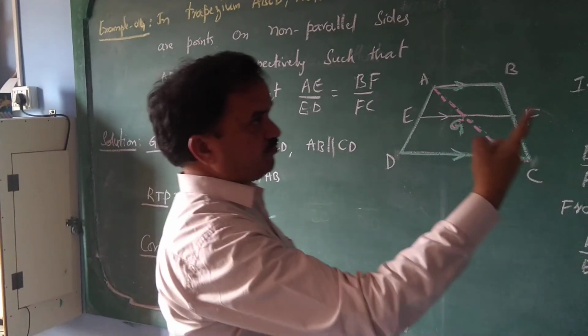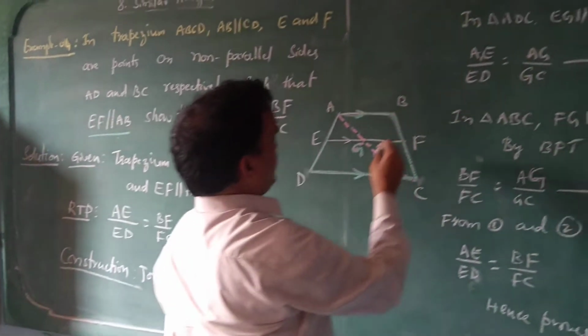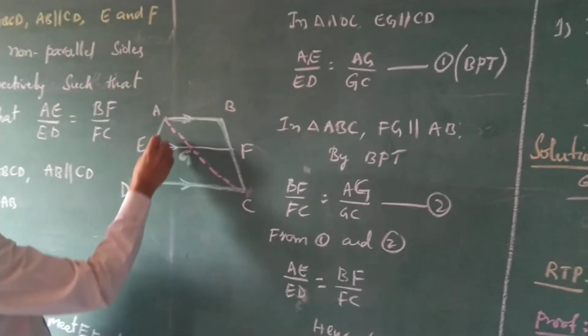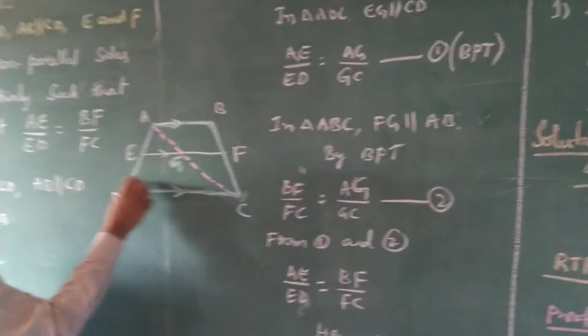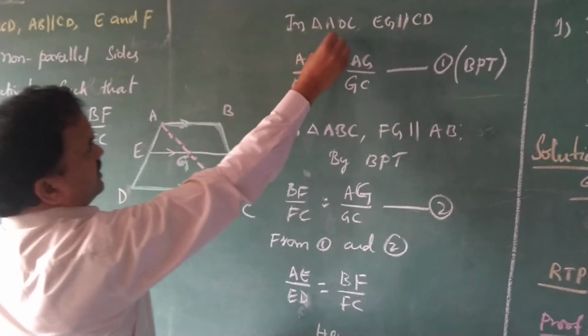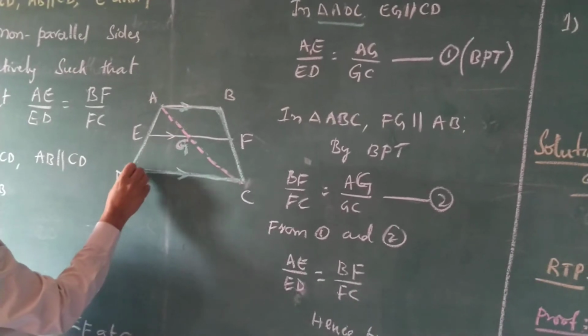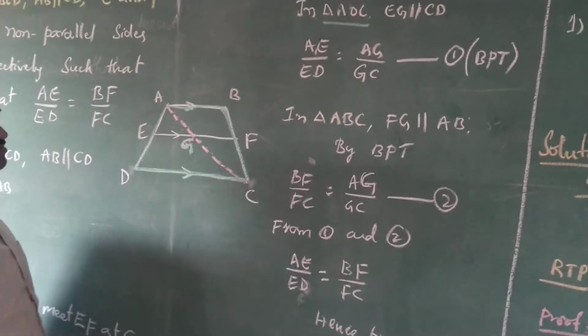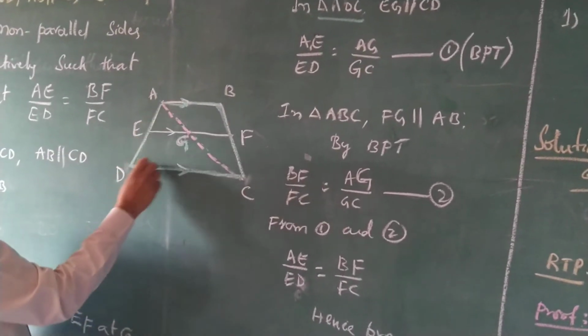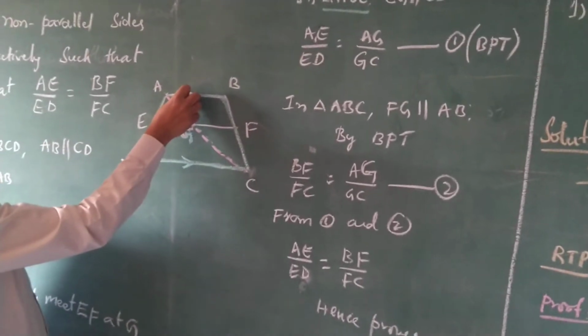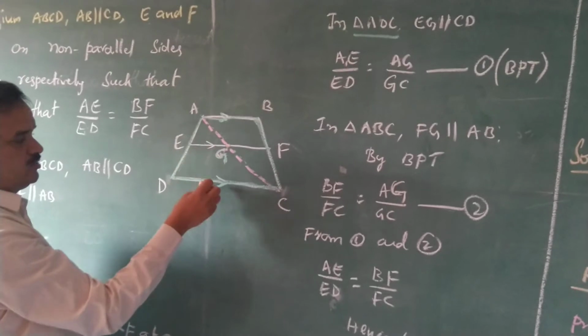Now the proof. First of all, in triangle ADC, EG is parallel to CD. Here EF is parallel to AB, already given, so it is parallel to CD also.